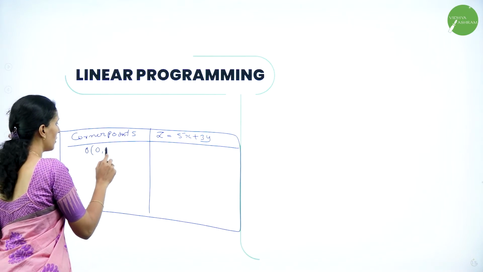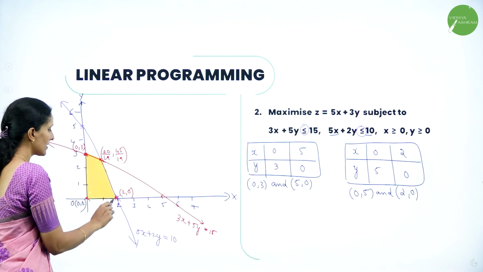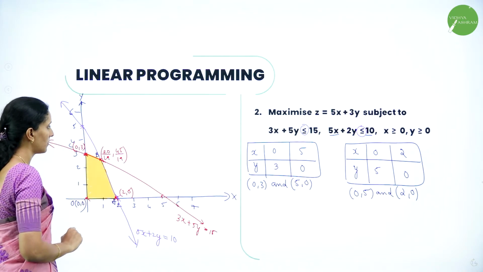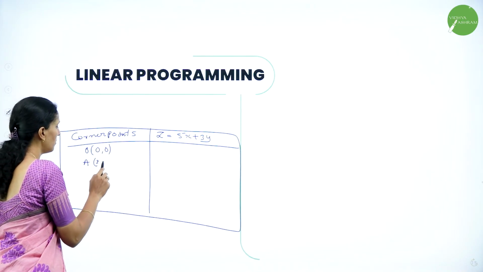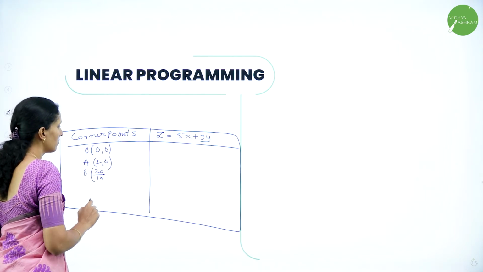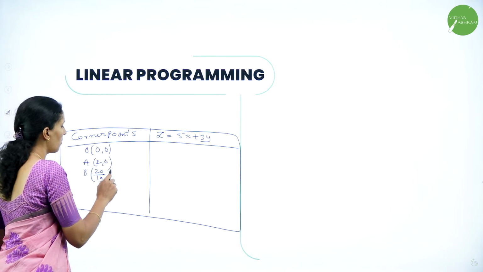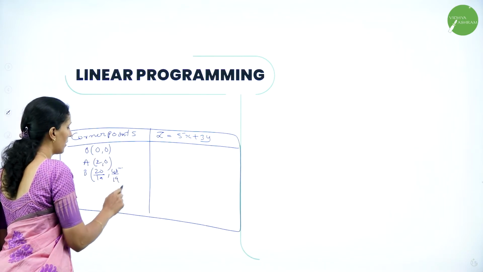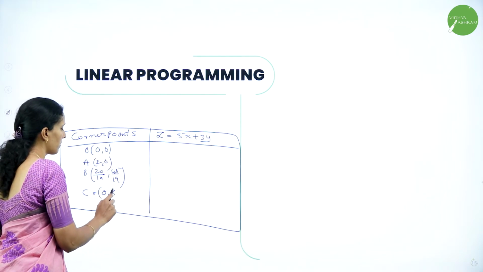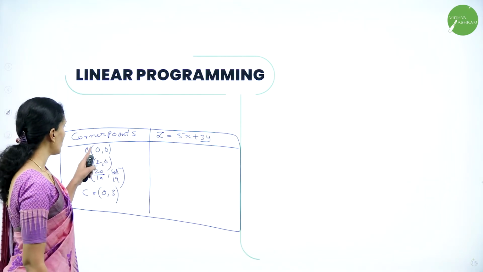Origin is 0, 0. Next, I'll take these as A, B and C. So A is 2, 0. B is 20 by 19, 45 by 19. And C is 0, 3.